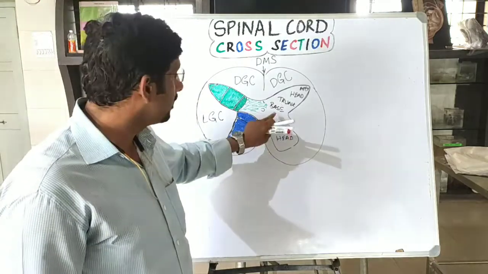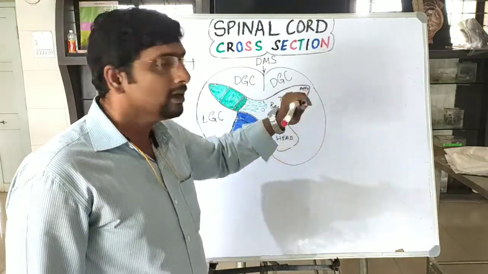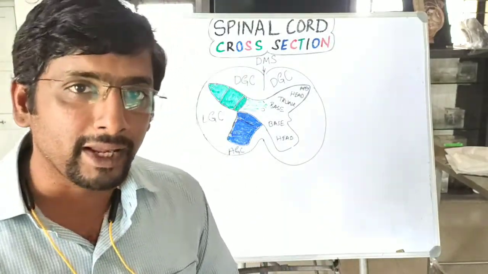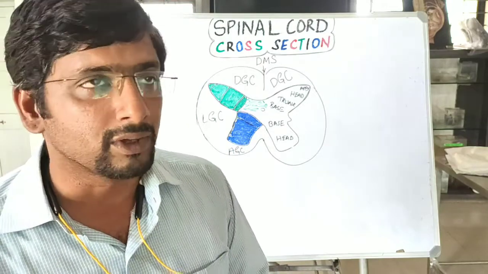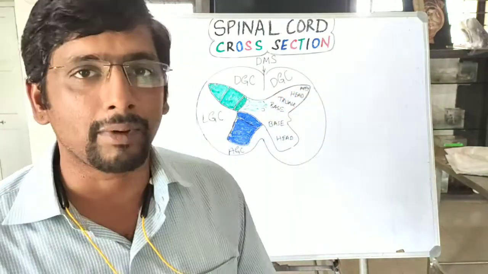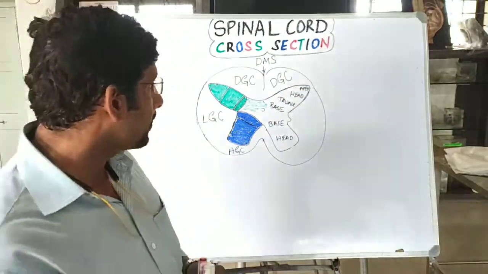So here we have the base, trunk, head and apex portions. Why should we know these things? To explain the area of nuclei present in the gray column, we should know these parts.